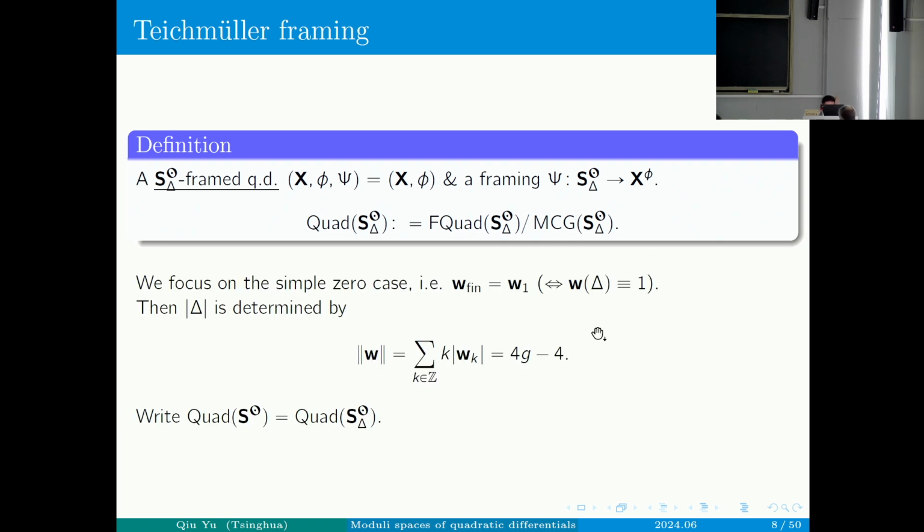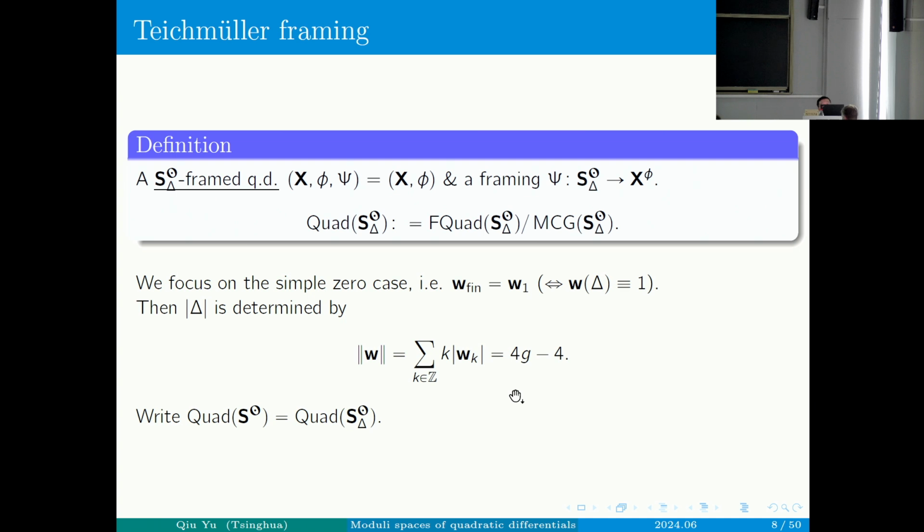And for this talk, we will study only the simple zero case, which is also known as the top stratum in the union of all moduli spaces of quadratic differentials on a fixed Riemann surface. In this case, the number of zeros is given by the Riemann-Hurwitz formula.